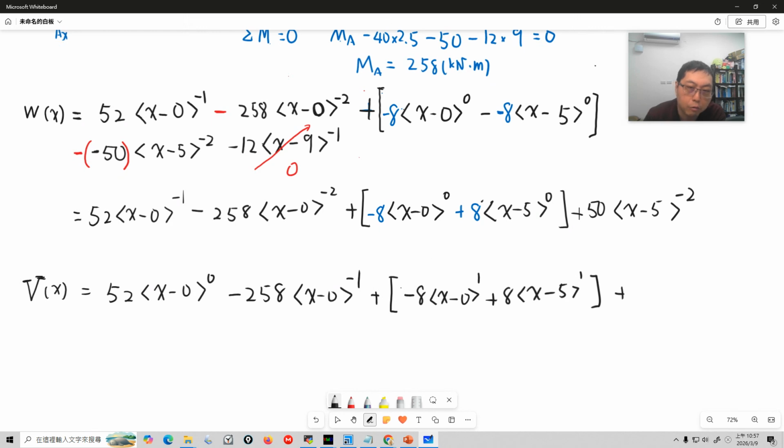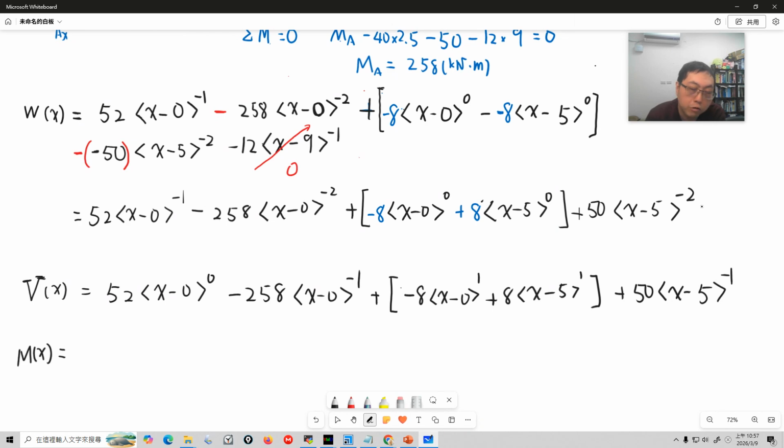And here, once again, the power is minus 2. Just add 1 to the power, so minus 1. Let's integrate once, but we have to integrate twice, so keep doing integration to get the moment function.